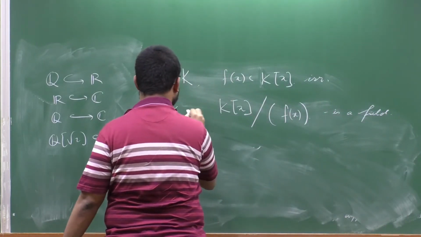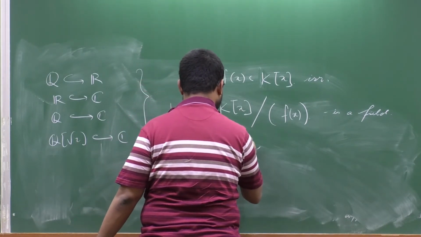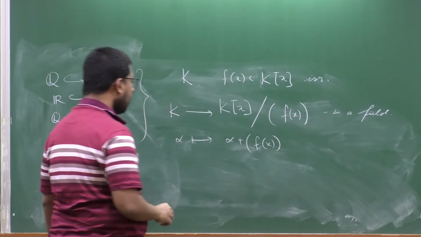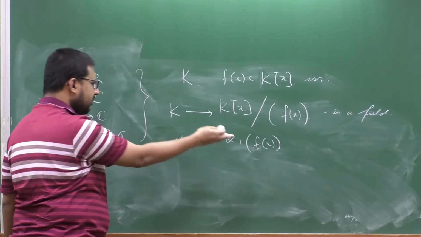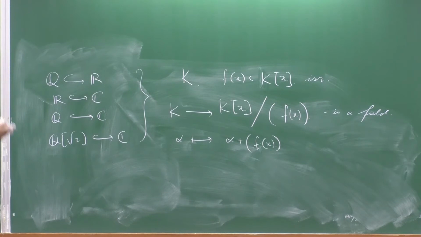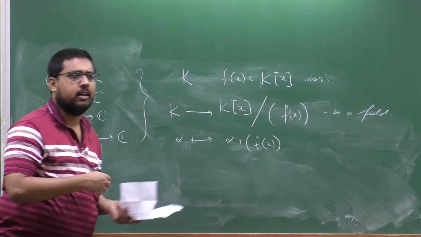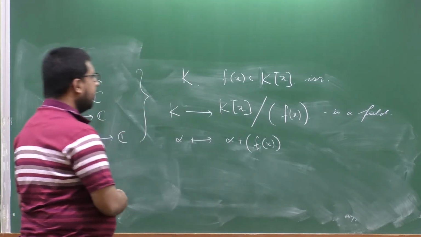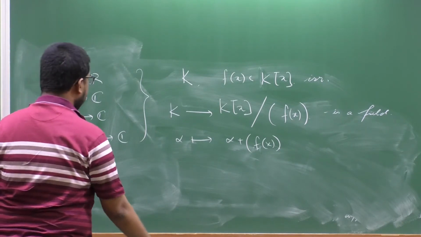Now we have the following embedding, sending each alpha in K to alpha plus (f(x)). Of course, this is a homomorphism, because K is already contained inside K[x] by the natural inclusion. This is an example of an embedding, and the reason for giving this example is that we will use it in our discussion later on.